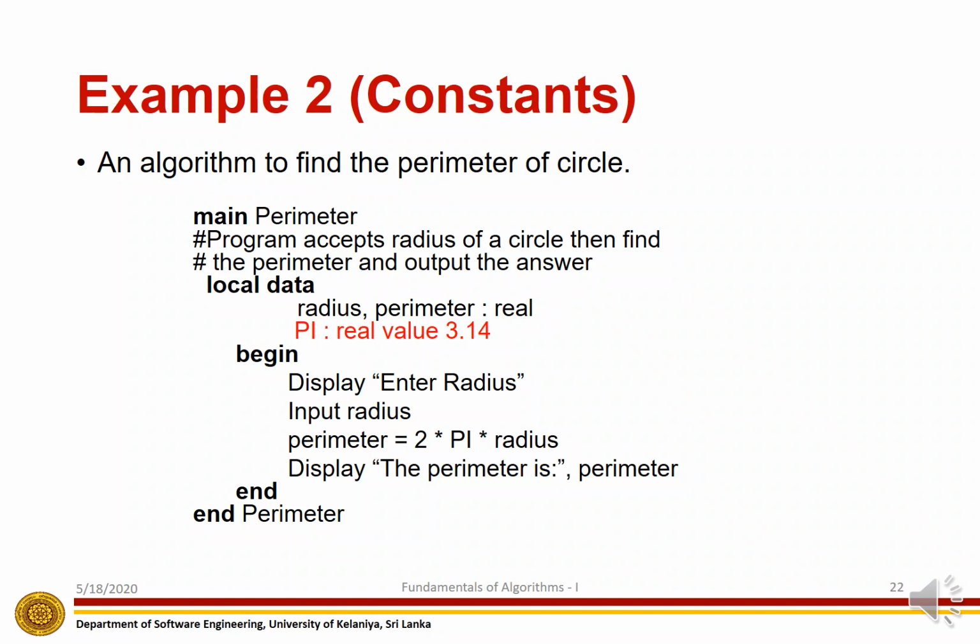And at last we have to display the answer as the perimeter is the value we got. Then ends the procedure and the algorithm. So in here pi value is a constant, because we can execute the program with different radius values, but pi remains the same. We are using the same pi value, 3.14, so it is a constant.